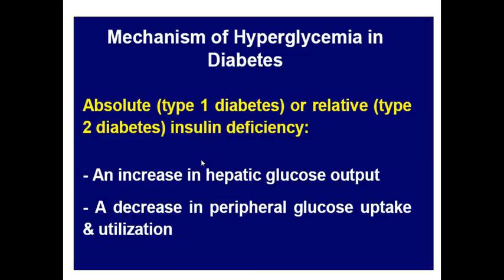In absolute (type 1 diabetes) or relative (type 2 diabetes) insulin deficiency, there is an increase in hepatic glucose output and a decrease in peripheral glucose uptake and utilization. So the muscles and adipose tissue cannot take it up, and the liver keeps on producing it.